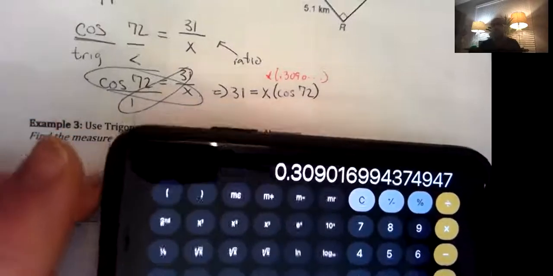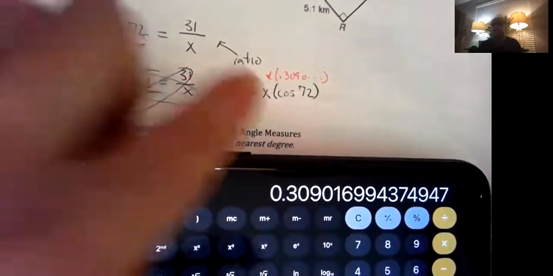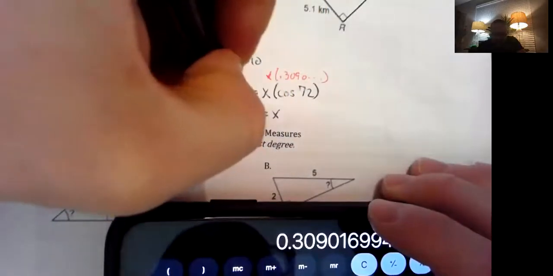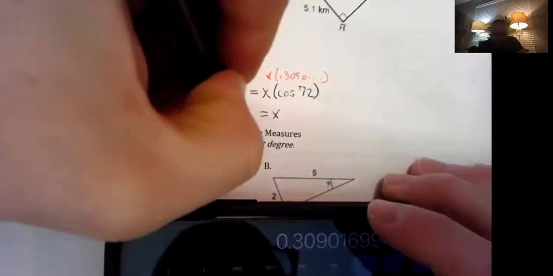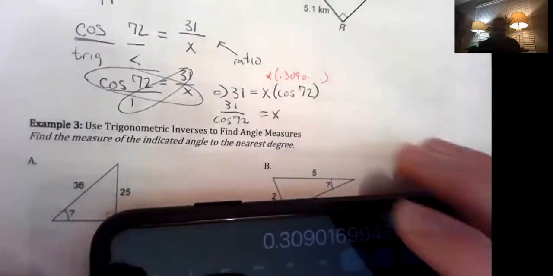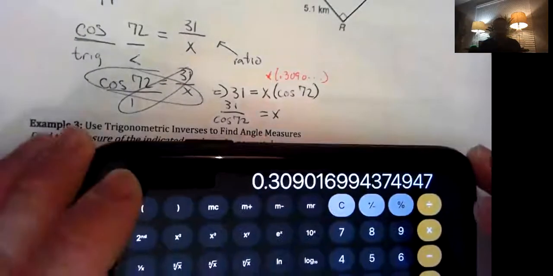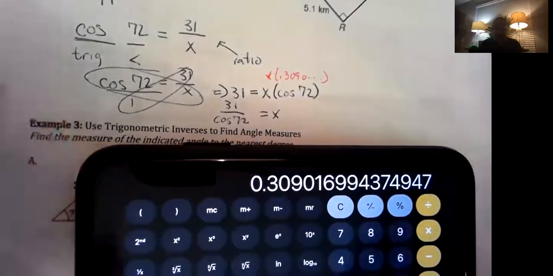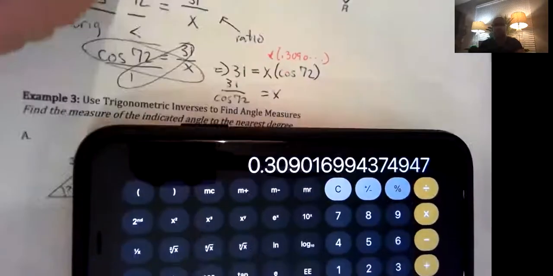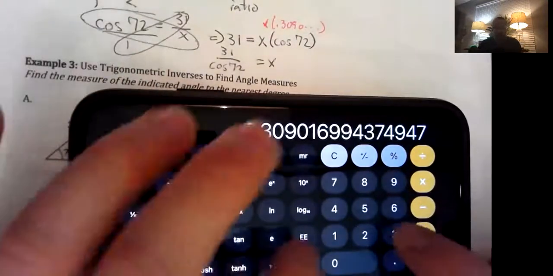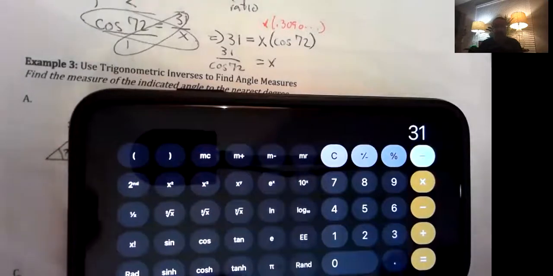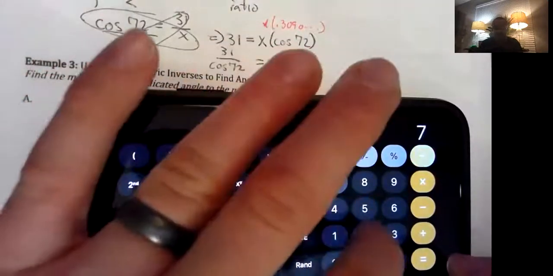But what I want to think about is that this is really just a random decimal. So when I'm getting x by itself, I want to divide by that random decimal right there. So let's do that here. I have a 31. Let's see if I can speed this up a little bit so we can see everything. So we have a 31 divided by, and this is how I do it, 72.